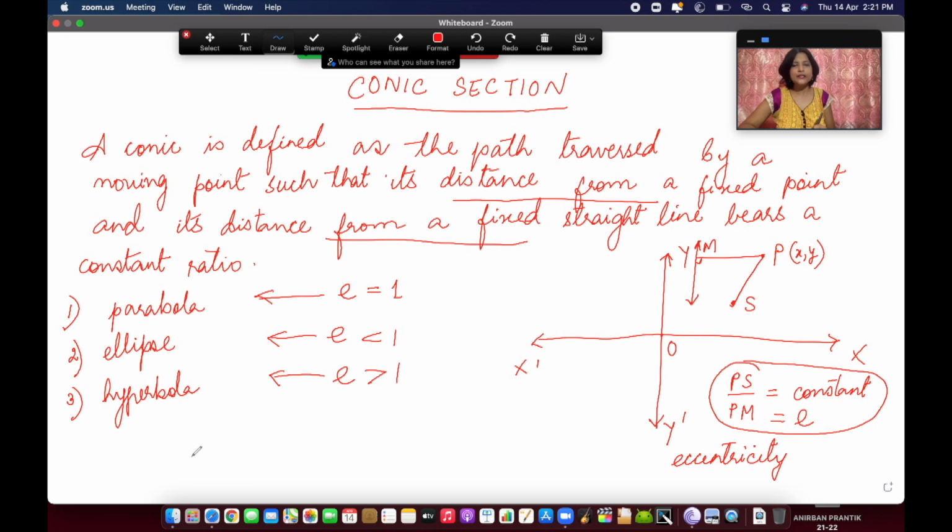So now let us learn each of these three parts separately. So what is a parabola? A parabola is a curve which is obtained by a moving point by following the condition PS by PM equals 1.